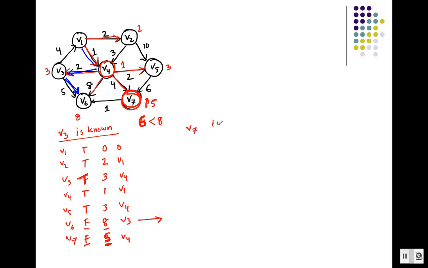When we made v7 known, we update it to true; v7 is visited. So the v6 value will change: the distance will be 6, and the previous node will be v7.